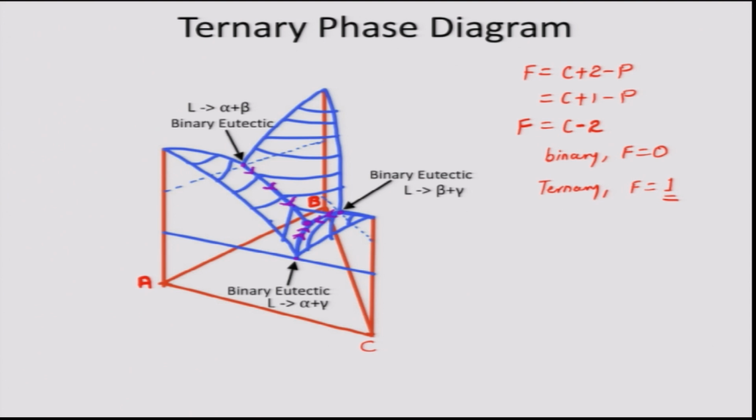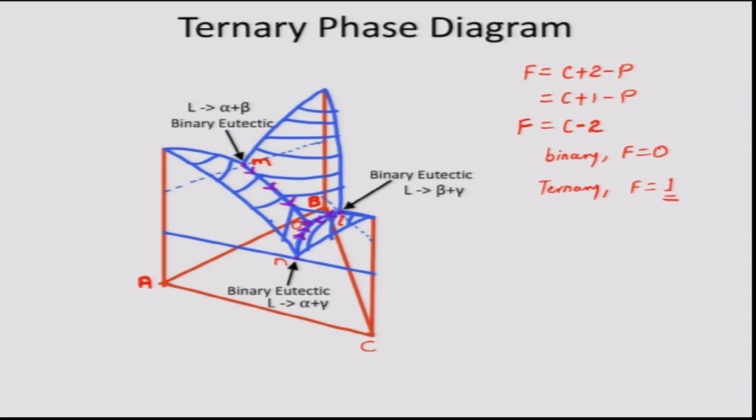If I denote these lines as, let us call this M, this N, and this binary eutectic point as L, where the 3 lines intersect is point O. So, the lines MO, NO and LO, which are going down, represent the solidification ranges of binary eutectics including phases alpha beta, beta gamma and alpha gamma respectively.